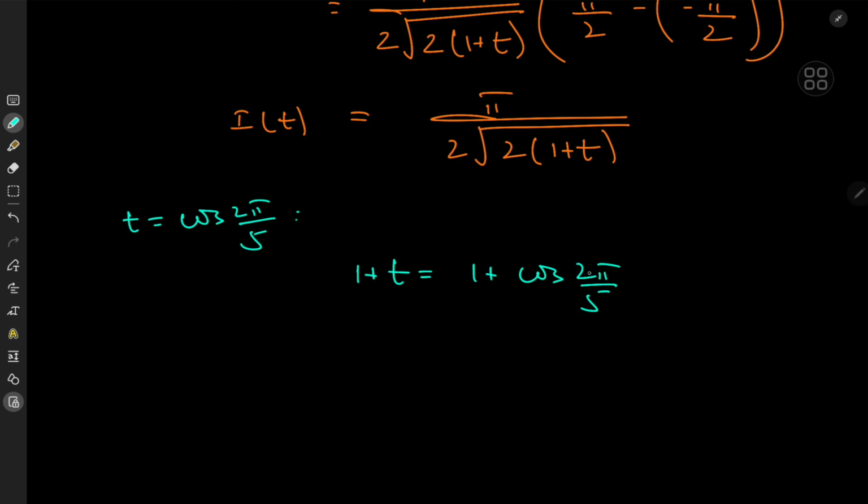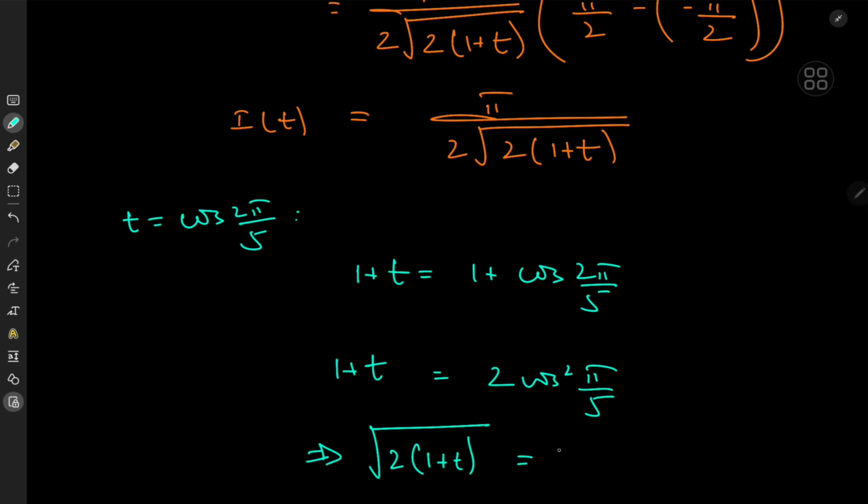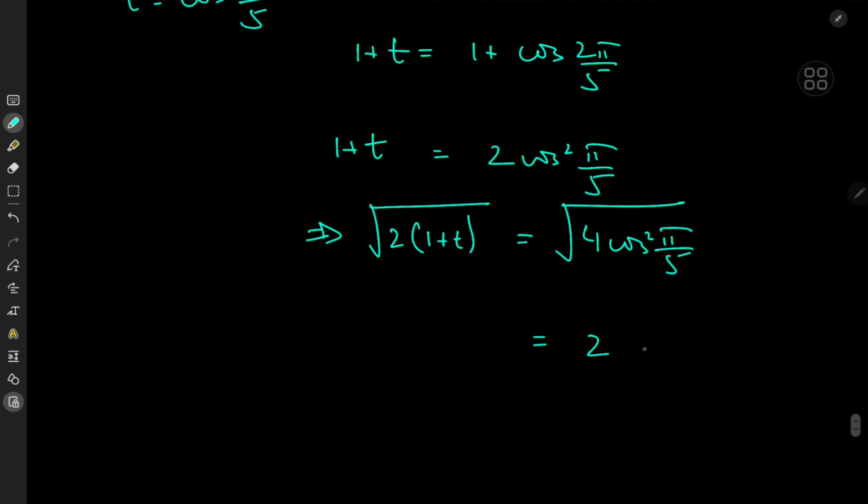And from the double angle formula, we know that this would be 2 times cosine squared pi over 5. So that's 1 plus t. But that means that root 2 times 1 plus t, for this case, is going to be root 4 cosine squared pi over 5, which of course is just 2 times cosine pi over 5.